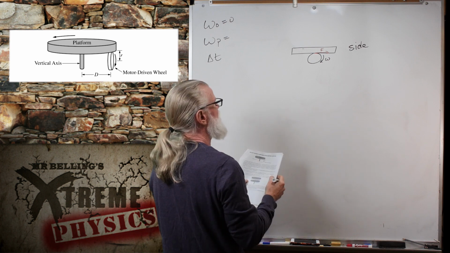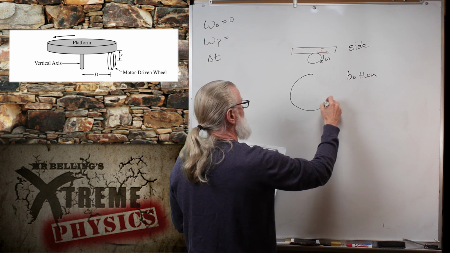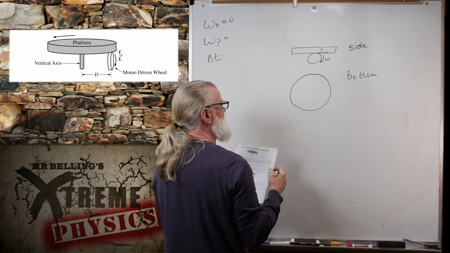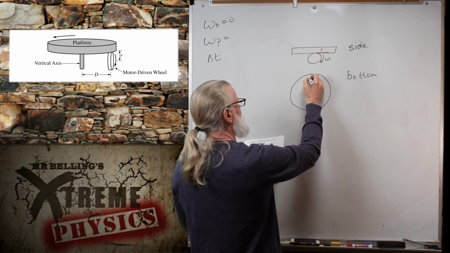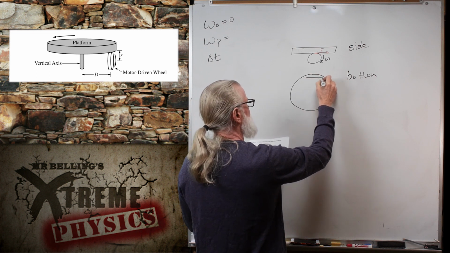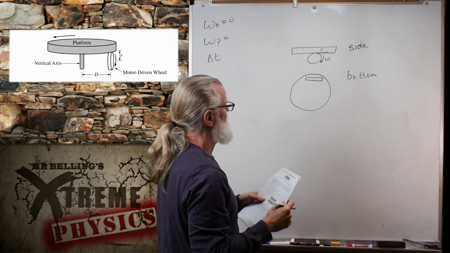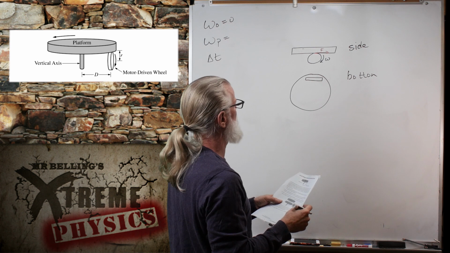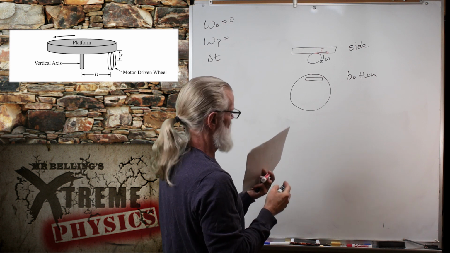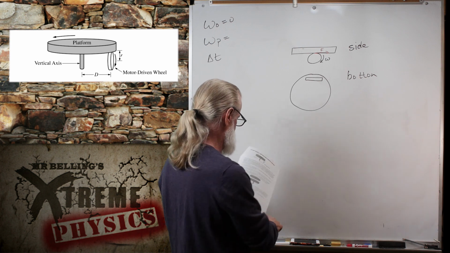Let's take a look at a bottom view. Here's our big wheel, like that. And we have the little wheel. From the bottom, it looks like a rectangle, like that. And so this thing is applying a torque because it's applying a force.